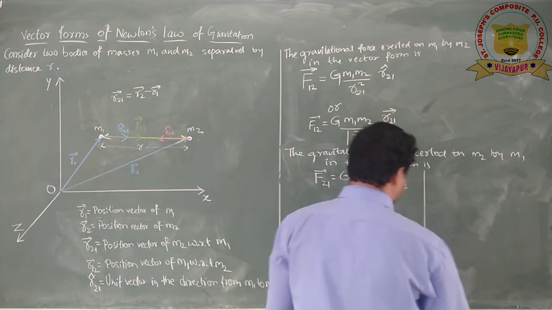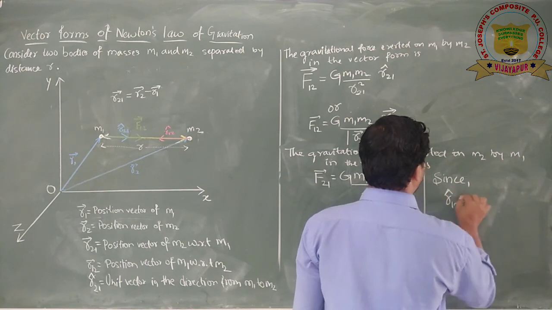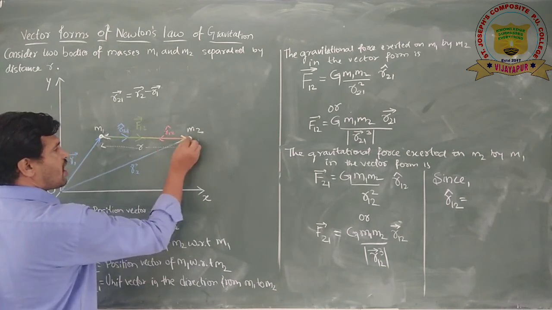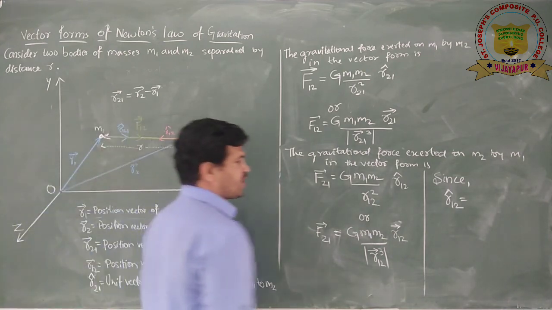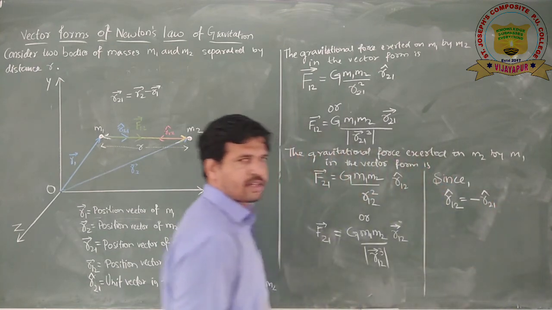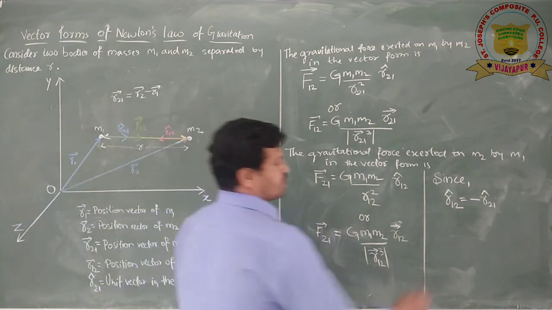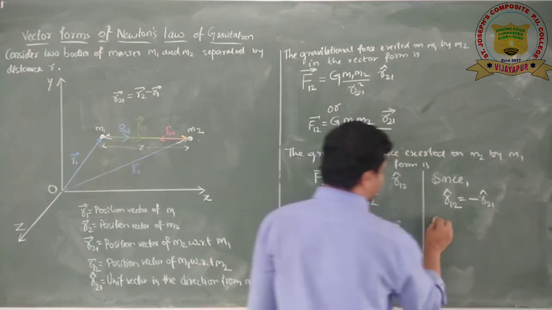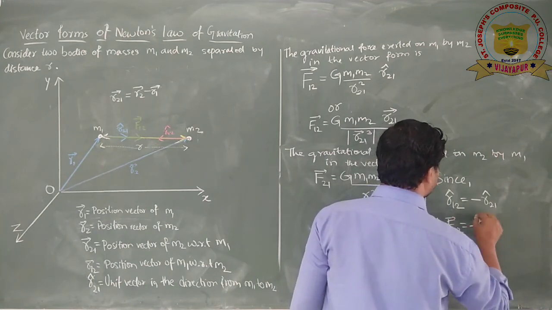One more interesting thing here is that the unit vector R12 cap, from this point to this point, is equal but opposite to R21 cap, so that's why I am writing negative R21 cap, because it is in the opposite direction, but they have equal magnitude, that is only 1, because they are unit vectors. Using these two, you can compare R12 and R21, and therefore F12 is equal to minus F21.